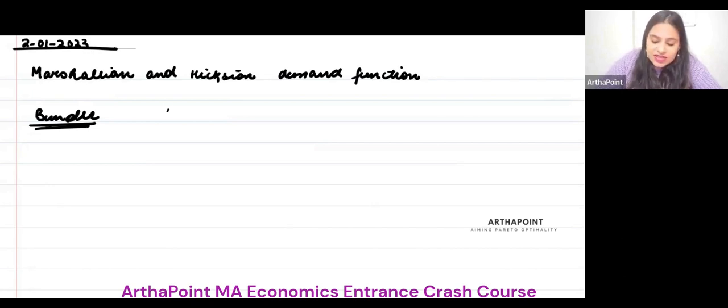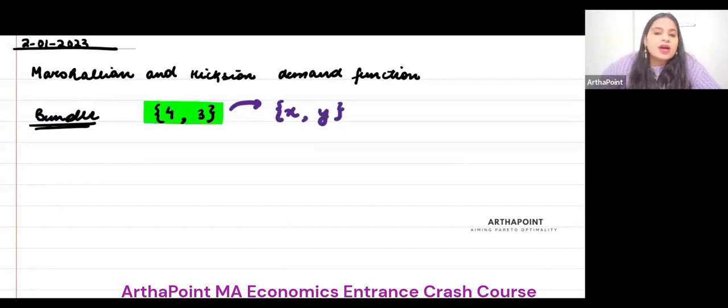For example, if I say I want to consume 4 units of good X and 3 units of good Y, then (4,3) acts like a bundle. Similarly, if I generalize it and say I want to consume X units of good X and Y units of good Y, then this becomes a bundle. So a bundle is nothing but the amount of the two goods that I want to consume.